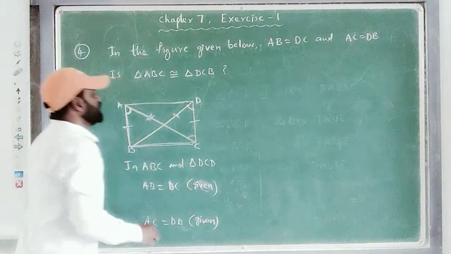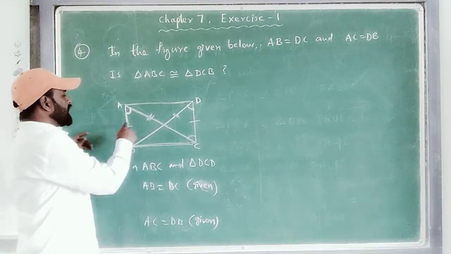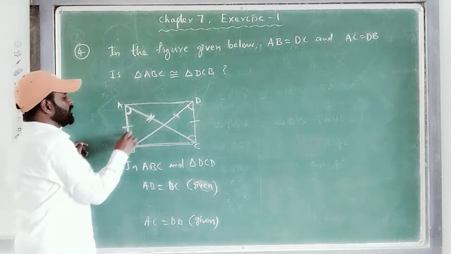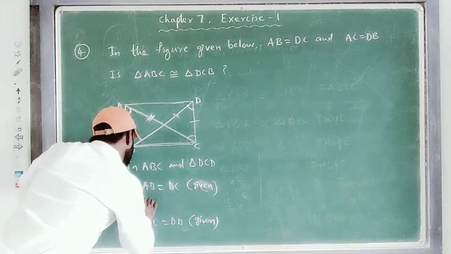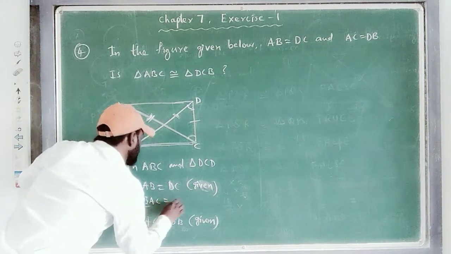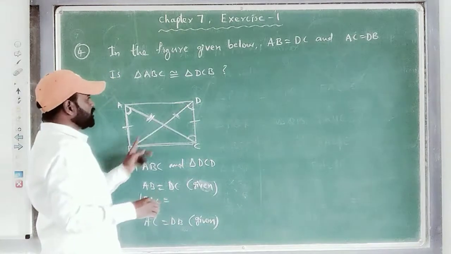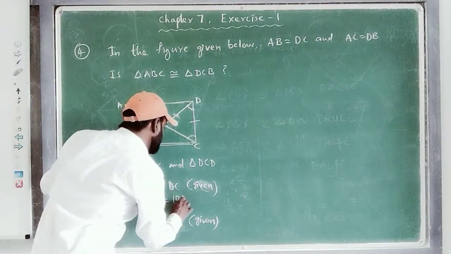But one more, can you say that the sides are equal or the included angle? So I am going for the included angle. These two sides, the angle included by them is what? Angle BAC is equal to angle CDB or BDC, you can say. Angle BDC.